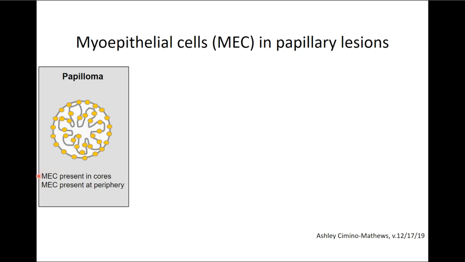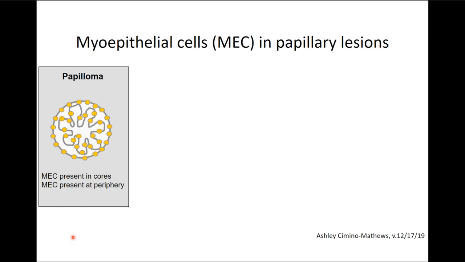And the myoepithelial cells, which I've drawn very fancy as little yellow dots, are present within these fibrovascular cores as well as at the periphery of the duct, because it's a normal double layer of luminal cells and myoepithelial cells. So this is the underlying scaffold we'll build upon for the subsequent lesions.